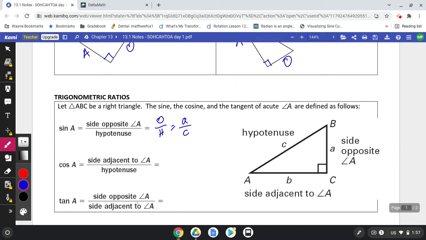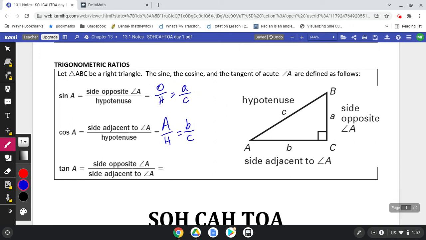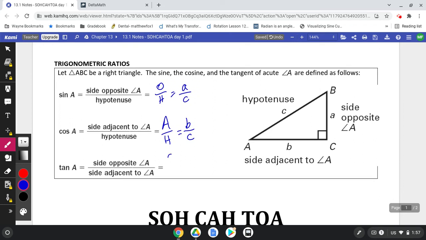So if we look here, adjacent is this little b over c. And finally, tangent, TOA, opposite over adjacent. Opposite we already said is little a. Adjacent is little b, so we put it right there.